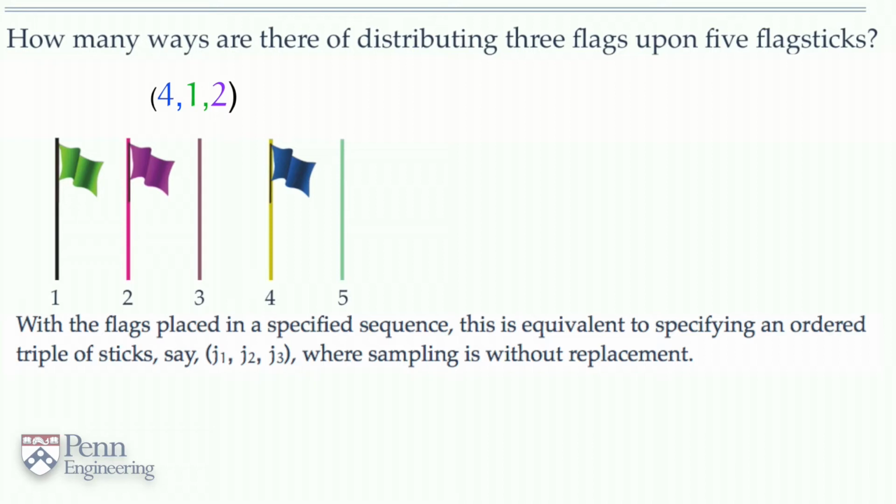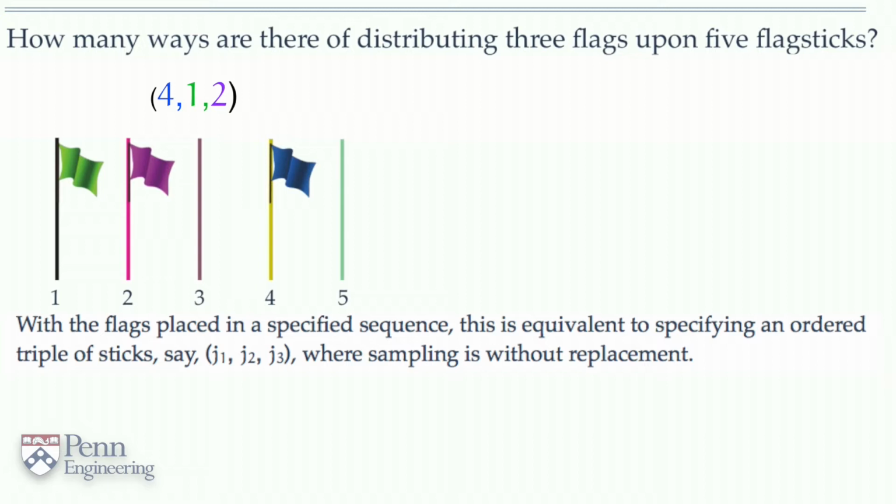And now we want to count how many ways it's going to be possible to have such deployments. You understand, of course, that the metaphor of flags and poles here could be replaced by anything else you like. For example, we could have had 3 balls and 5 urns, with the understanding that in this new experiment, an urn is not allowed to be reused. In other words, this is a question of sampling urns or flag sticks without replacement.